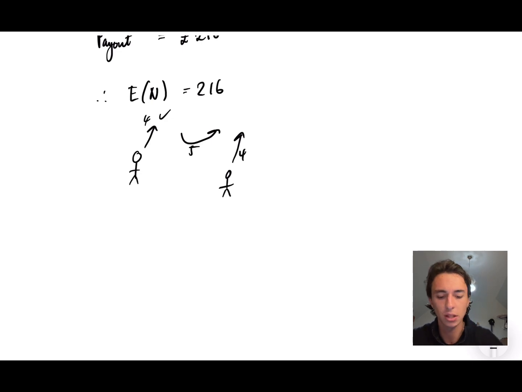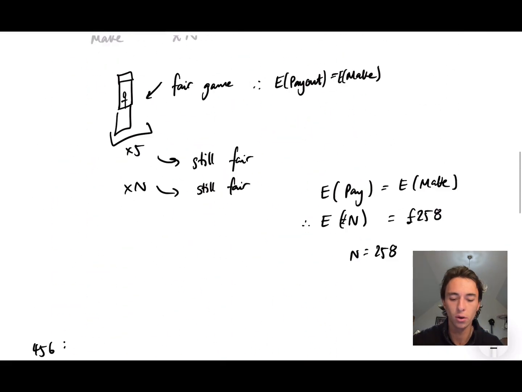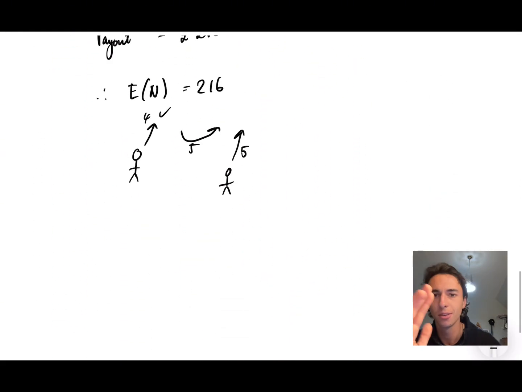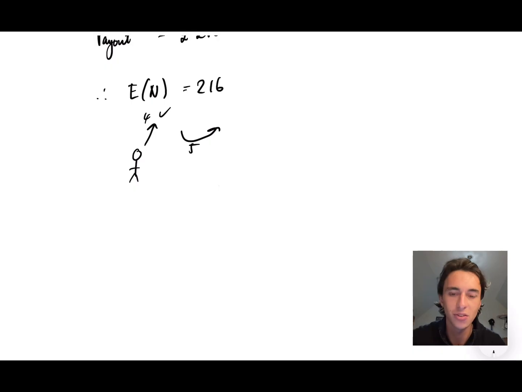Why can't we just do that, so suddenly we get 258 instead of 216? The problem there is, and this is martingales, the next topic that this also leads into, these people have to be independent for optional stopping theorem to apply.